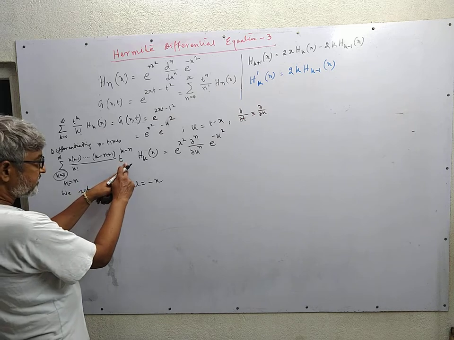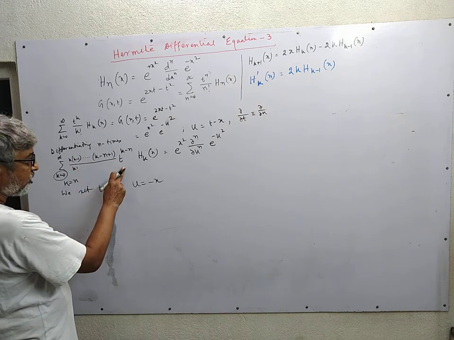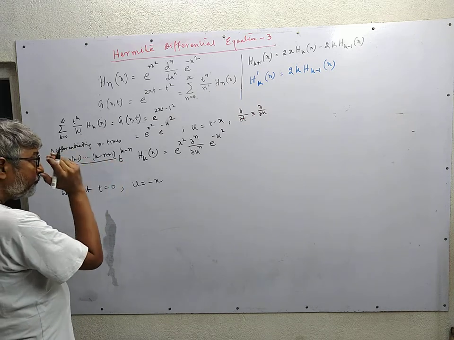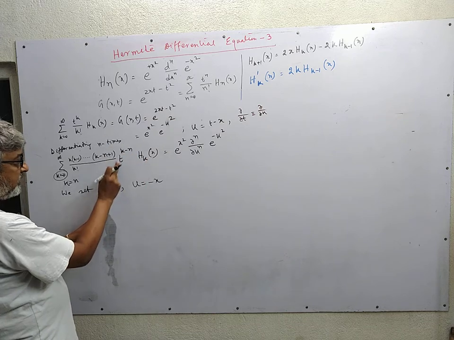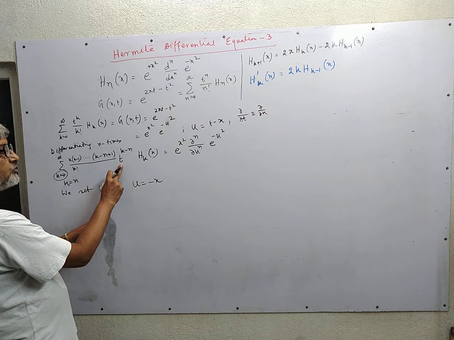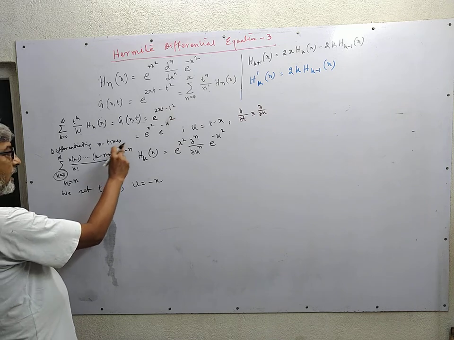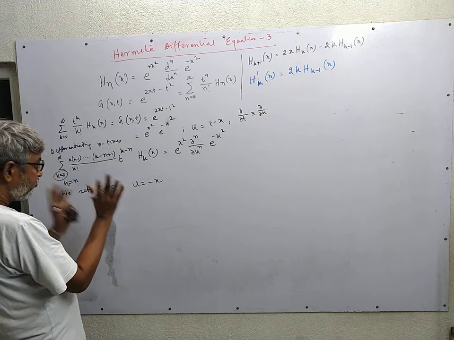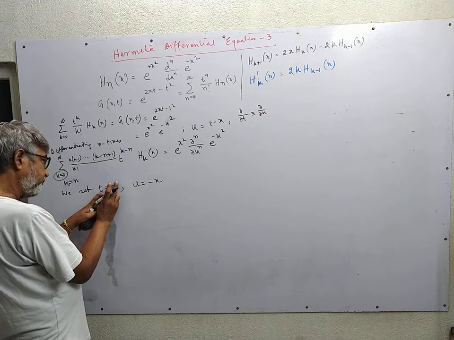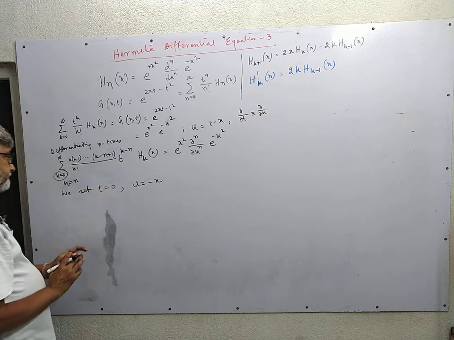Then in this series, all the powers of t with k greater than n will be 0. Only the term with k equal to n will have t to the power 0, which is independent of t, and it will survive even for t is equal to 0.